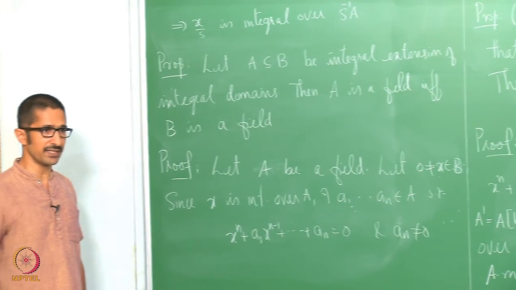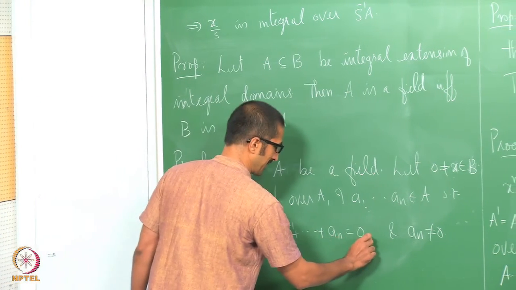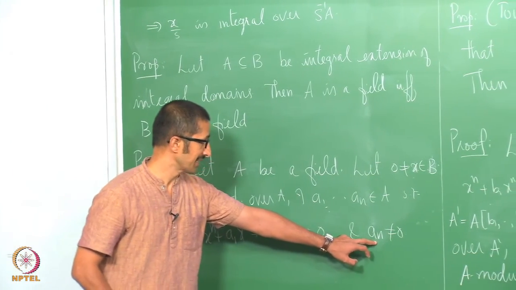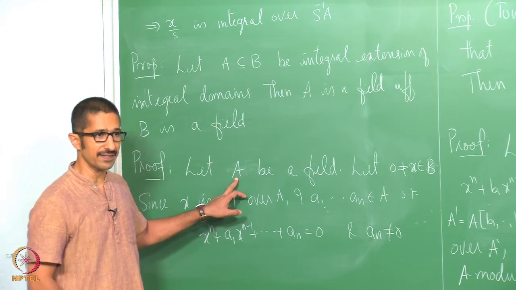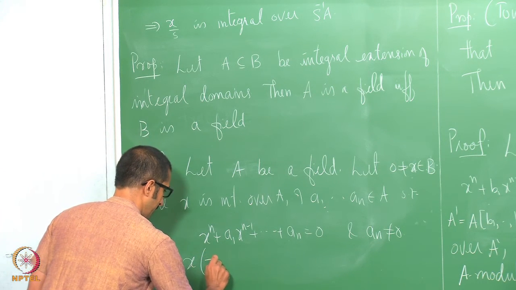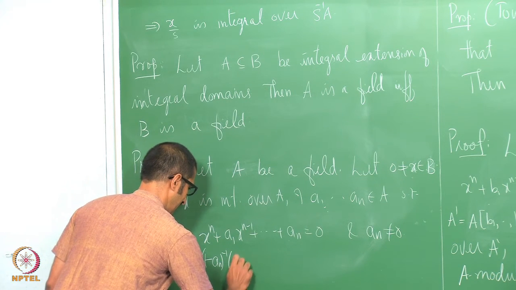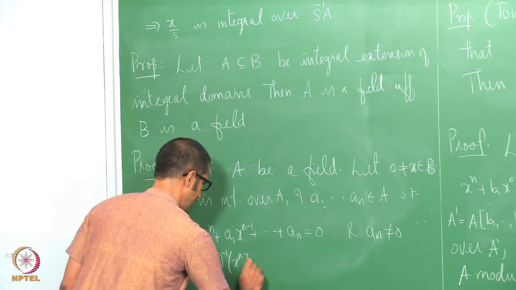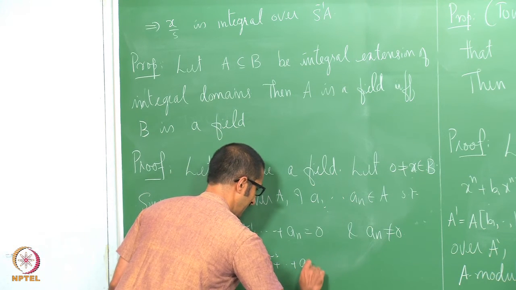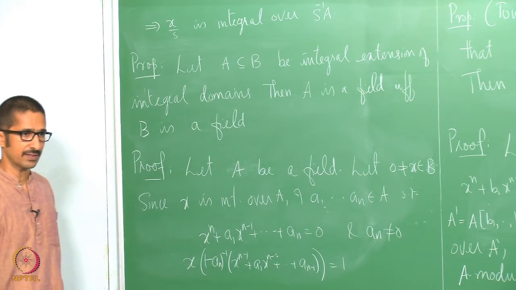Now, can you see an inverse here? I take minus an to the other side and multiply by the inverse of an, since an is in A and A is a field. So, I can write x times minus an inverse times x power n minus 1 plus a1 x power n minus 2 up to a n minus 1, this is equal to 1, right.